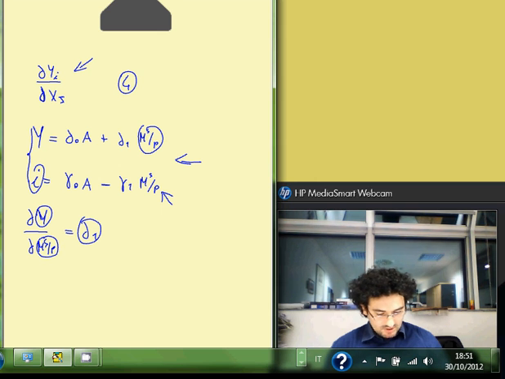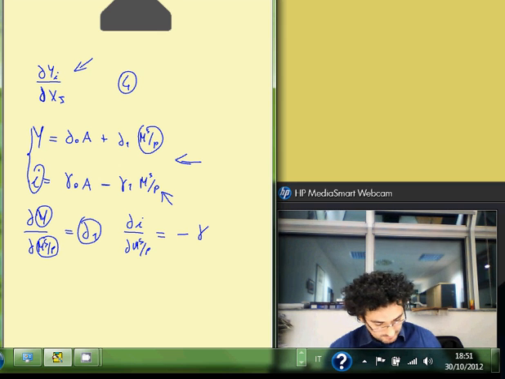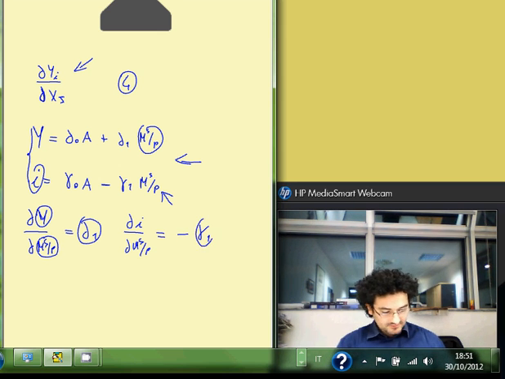This can be obtained by computing the partial derivative of the endogenous variable i with respect to the exogenous real money stock, delta MS divided by P, and this is equal to minus gamma 1. The negative sign is an assumption, because we assume that if there is an increase in the real money stock, the equilibrium interest rate decreases.